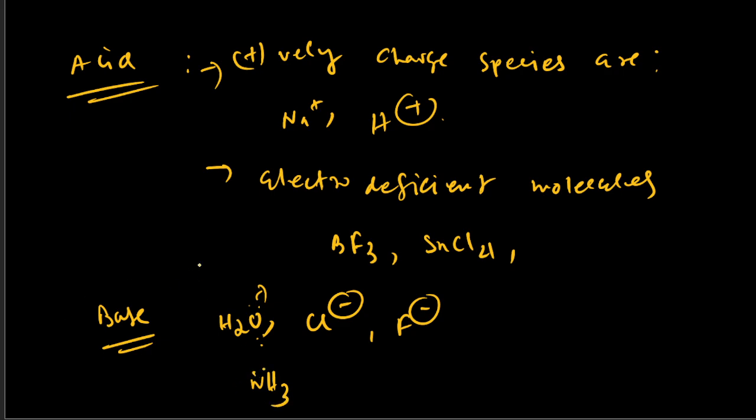So these are all Lewis bases, and Lewis acids are like positively charged Na plus, H plus, and electron deficient molecules like BF3, BH3, AlCl3. These are electron deficient or octet incomplete species, so these are considered as Lewis acids.